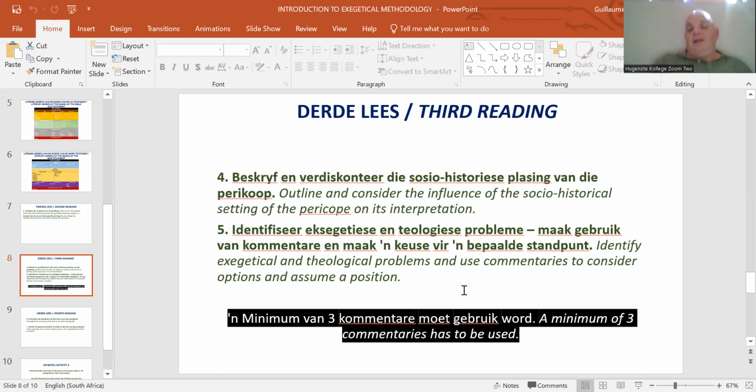Language not only reflects that culture, as I said in my previous lecture, but it is also an expression of that culture. And that means that the more you know about the people and the practices and the politics of the time in which those people lived, the better you're going to understand what they're saying.